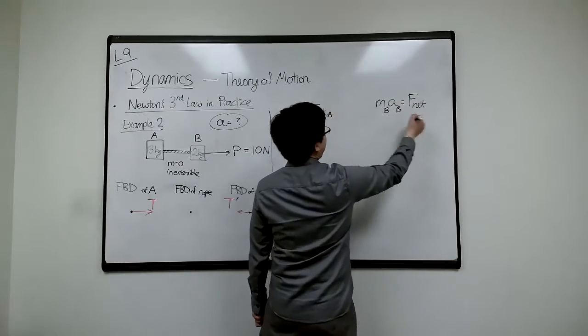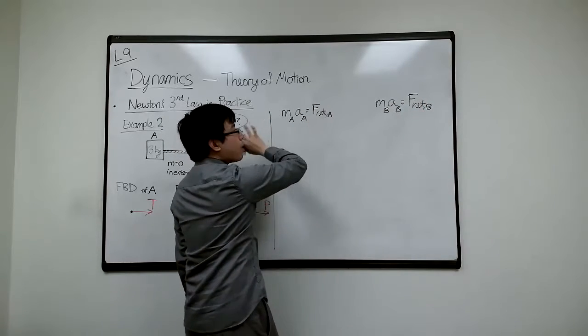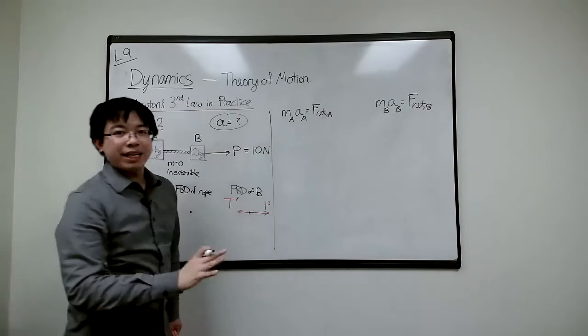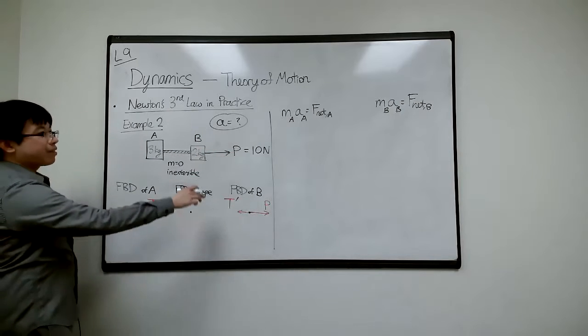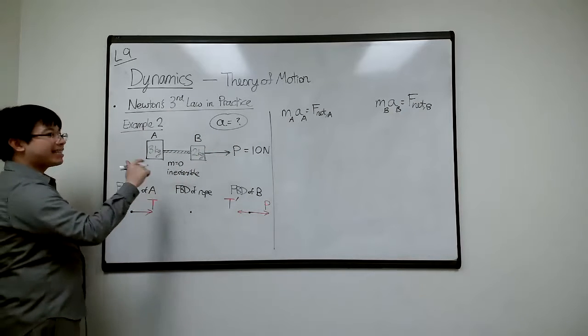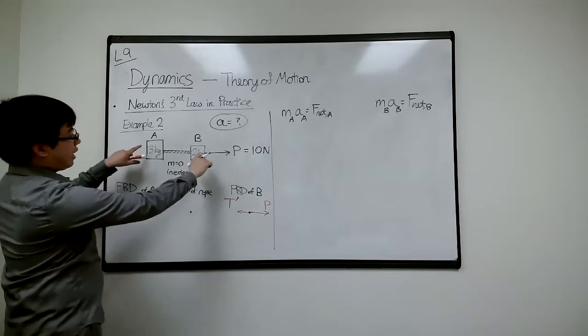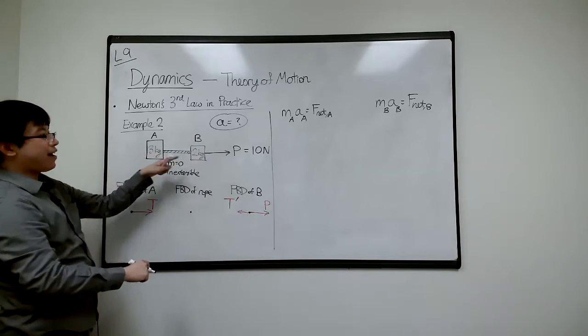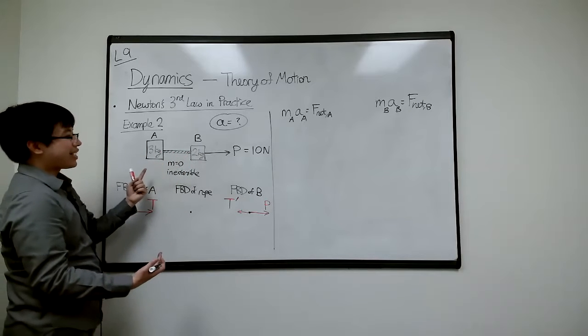So apply A on everything, right? This is the mass of A, the acceleration of A. If I put A everywhere, that's definitely right. No chance it's wrong. Now, how about acceleration? I think I can now skip ahead and claim that the acceleration of A and B is the same. Because if A accelerates faster than B, then at some point A will start to catch up with it, which does not make sense.